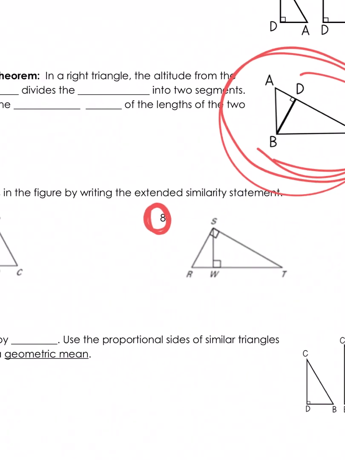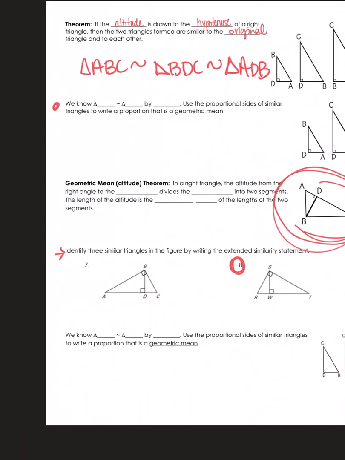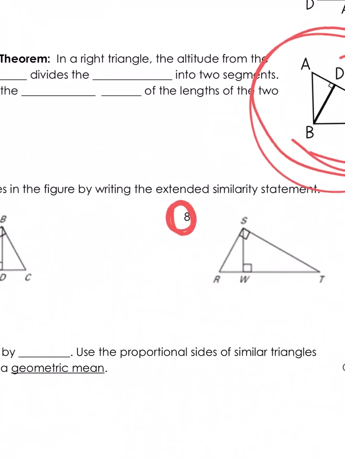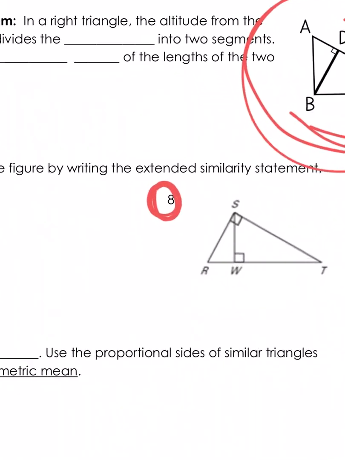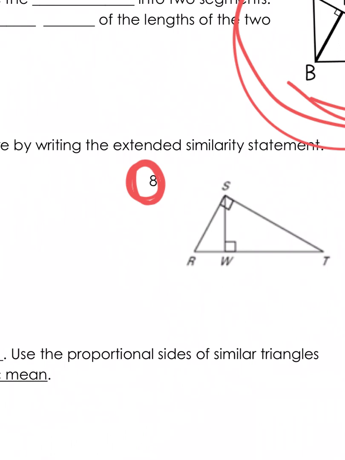Okay, so we're looking for three similar triangles by writing an extended similarity statement. The first triangle is going to be the big one, that contains everything, which we'll just call triangle RST. And then that's going to be similar to.